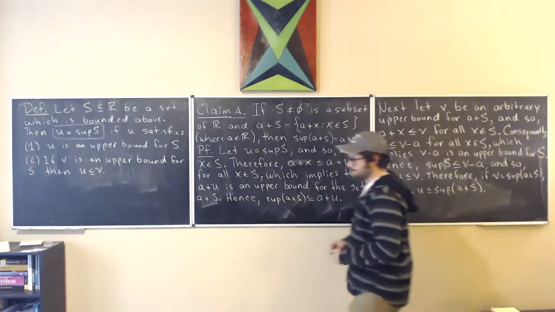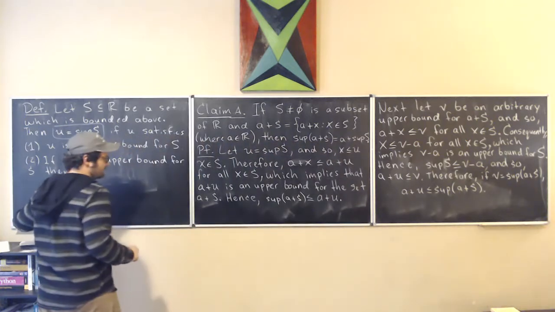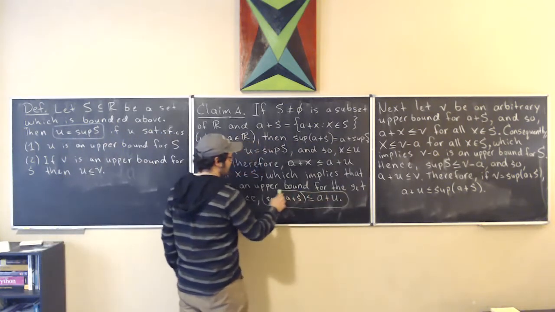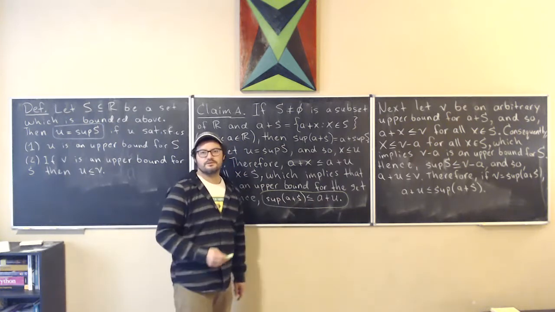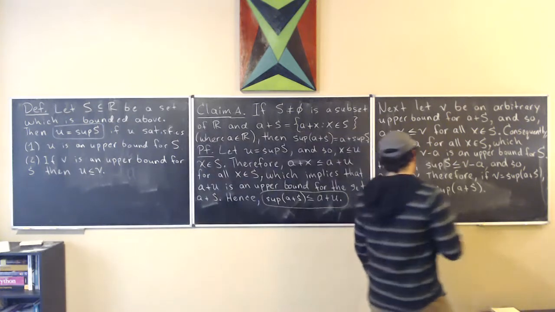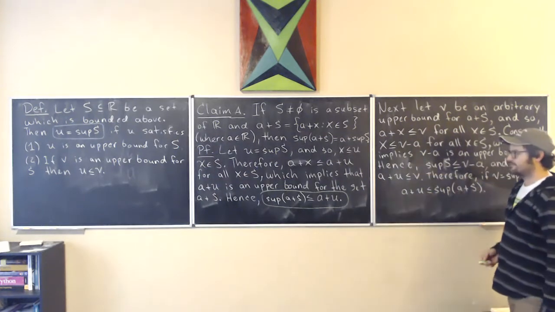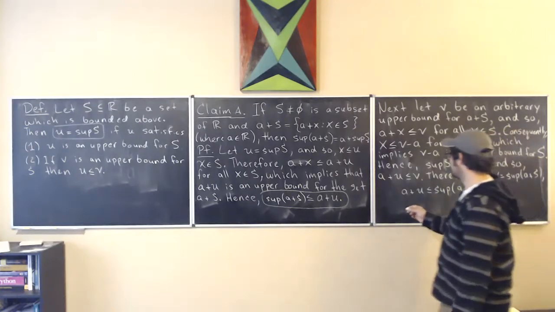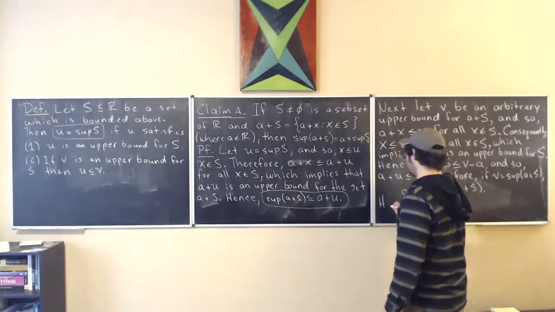So now, observe that the supremum of A plus S is at most A plus U and is at least A plus U. So this implies that they are equal.